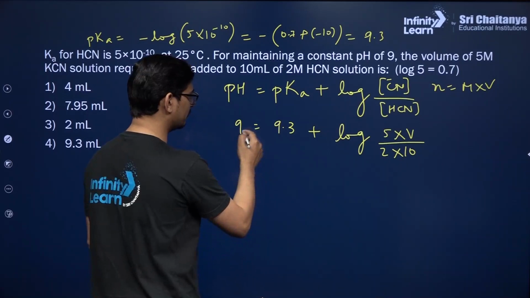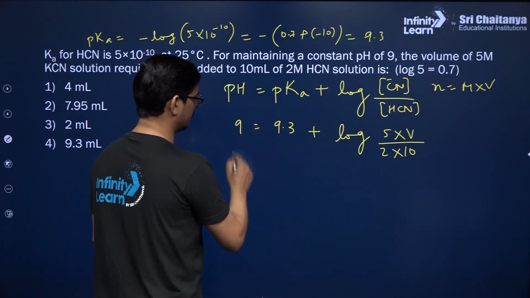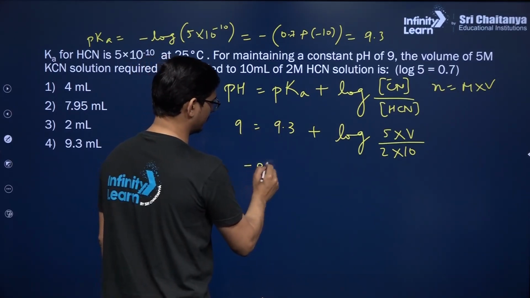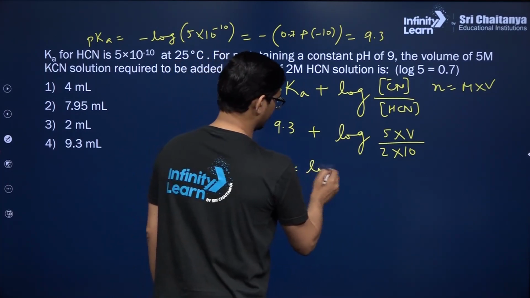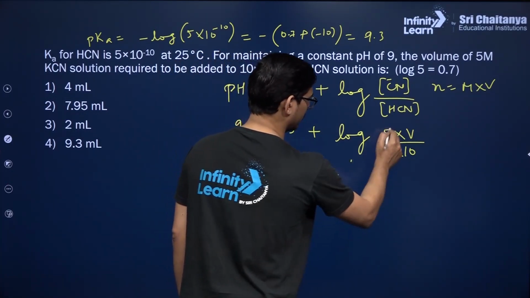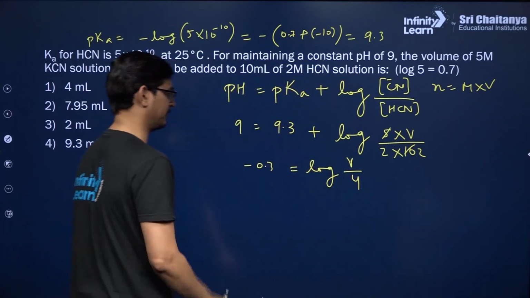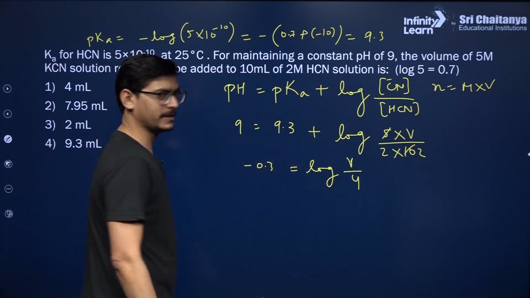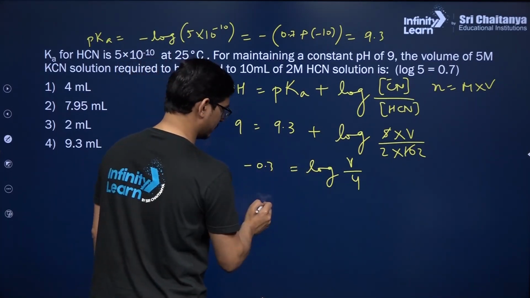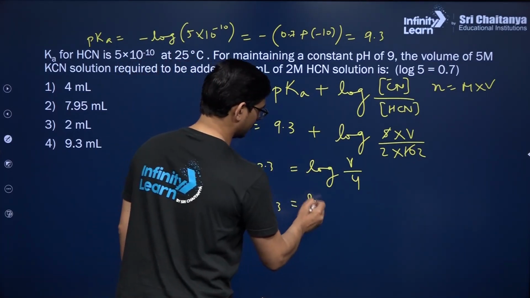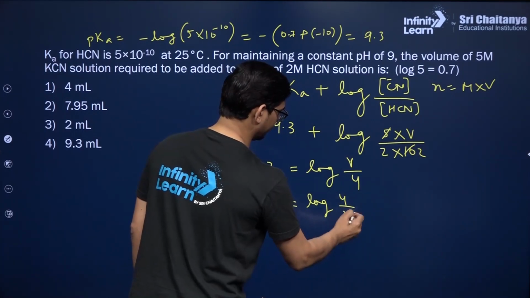So if you rearrange this, then 9 minus 9.3 is minus 0.3 is equal to log V by 4, and we know that log A by B is minus log B by A. So if I bring this here, then 0.3 is log 4 by V, right?